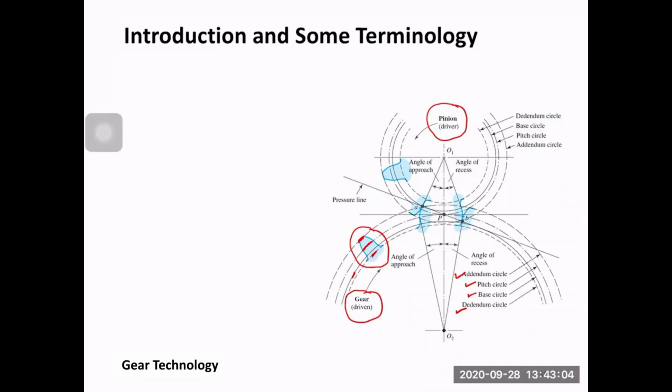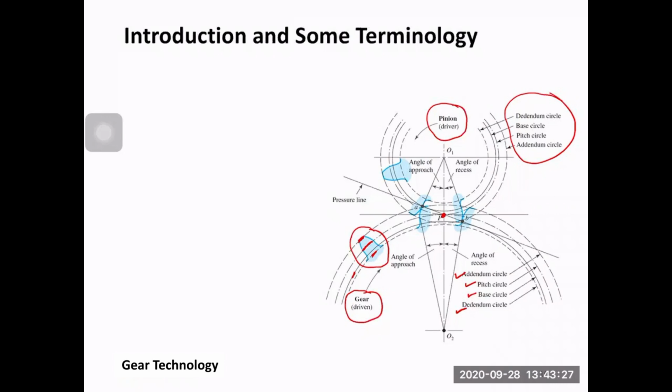And then if you look at the top, you have again the same 4 circles, okay? This point here, point B, is where the pitch circle of the gear and the pitch circle of the pinion meet. They are tangent at this point, and it's called the pitch point.